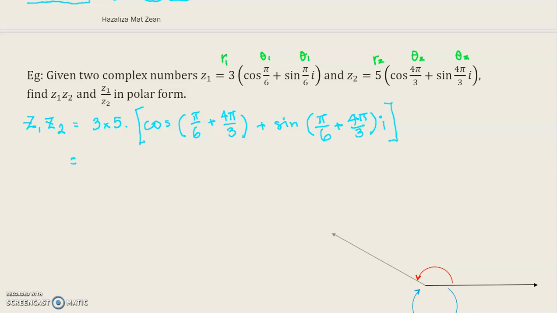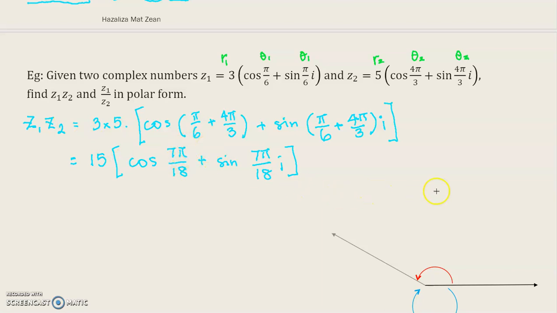So 3 times 5 is 15, and then the angle: 3 times pi is 3 pi plus 4 pi, so 7 pi over 18, and this is also sine 7 pi over 18 i. So this is the product of Z1 and Z2.